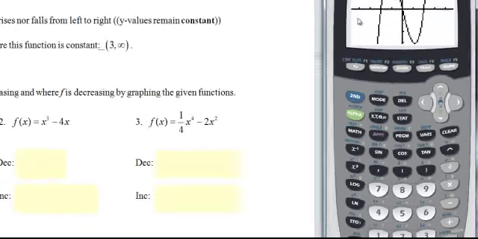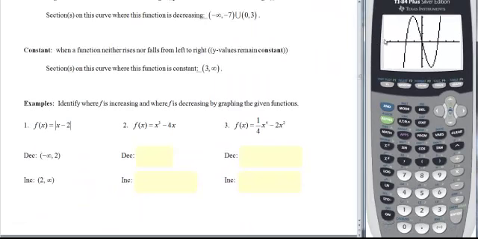If I bring in my line, just imagine a vertical line as I come in. I hit the graph at -infinity up to -1, my curve is increasing. So negative infinity to -1, it is increasing. Remember, use your x values.